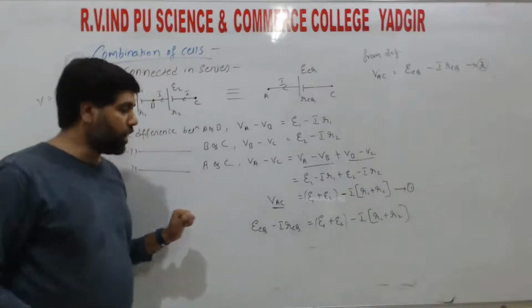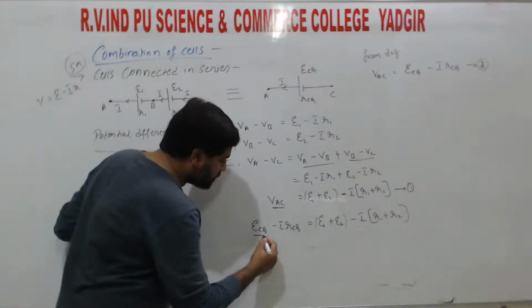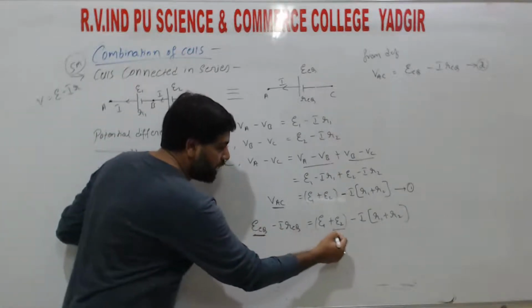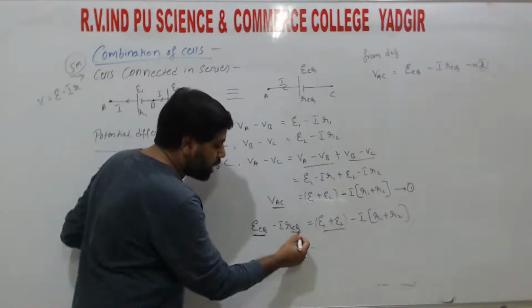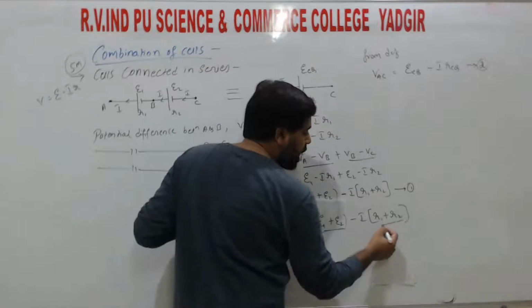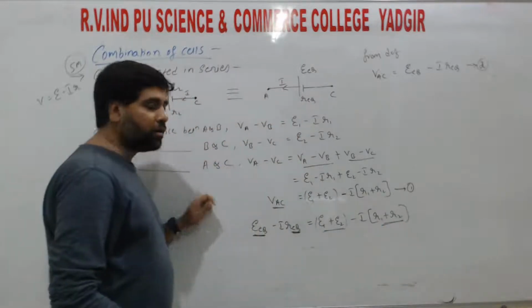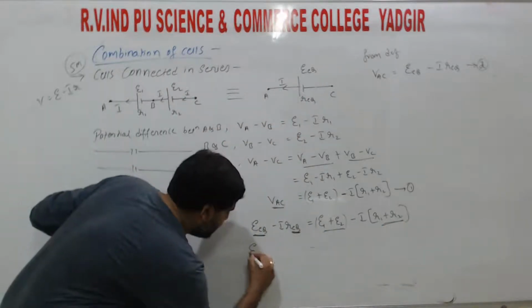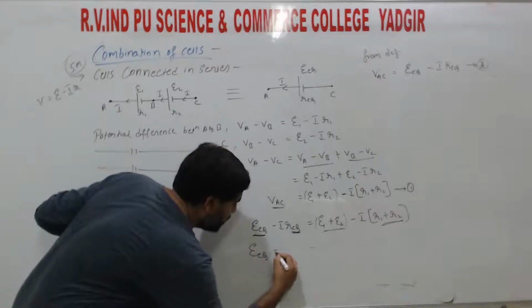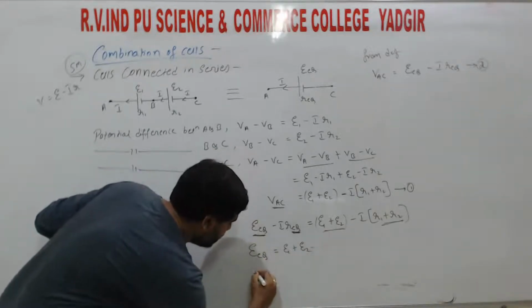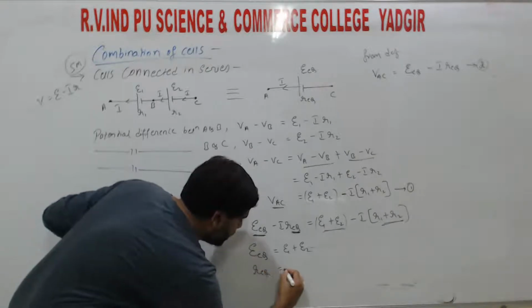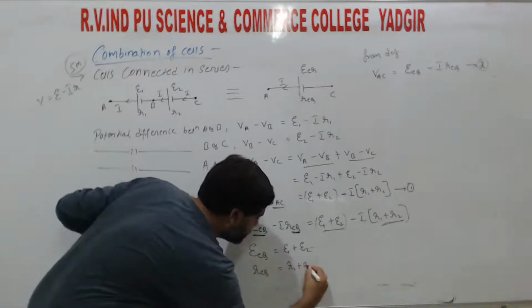Now comparing these two, in place of E equivalent we get E1 plus E2, and in place of R equivalent we get R1 plus R2. So E equivalent equals E1 plus E2, and R equivalent equals R1 plus R2.